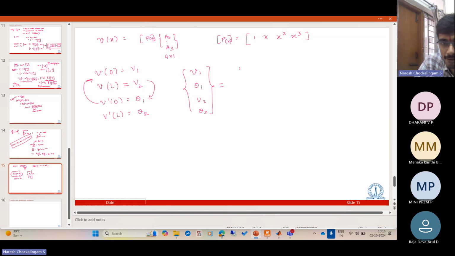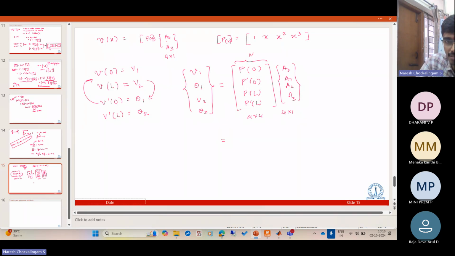So I can write this as P of 0, P dash of 0, P of L, and P dash of L, multiplying A0, A1, A2, A3. So this is a 4 cross 4 matrix now, and this is a 4 cross 1 matrix. Let us call this matrix the M matrix. M matrix is 1, 0, 0, 0.